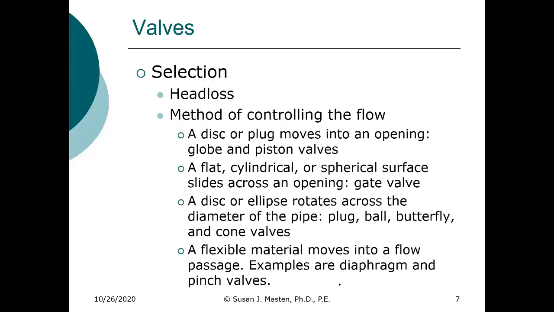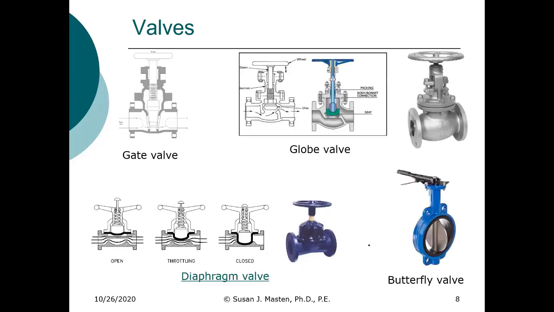So there's different types of valves. Selection depends on what you're trying to achieve and issues like head loss. I'm just going to show you a few different types of valves. So this is a gate valve here.